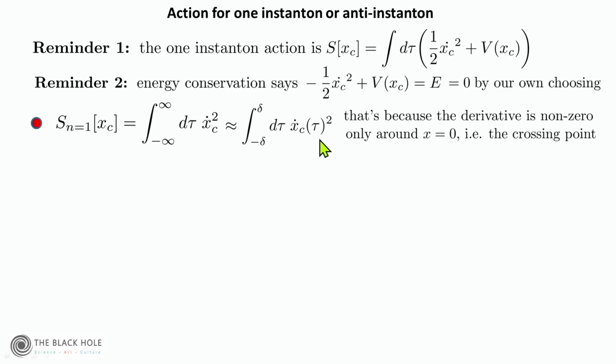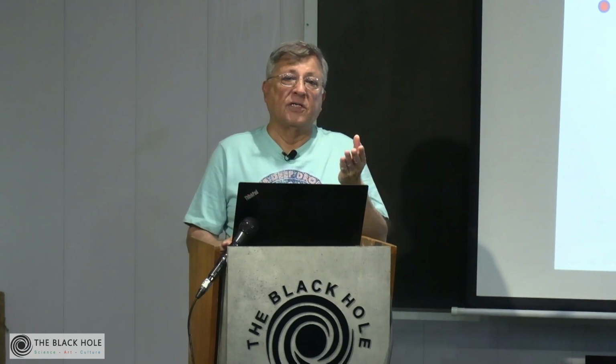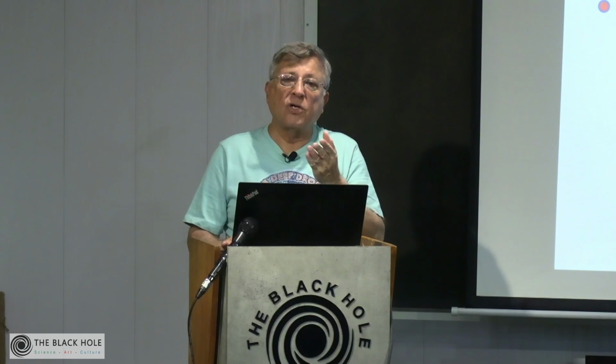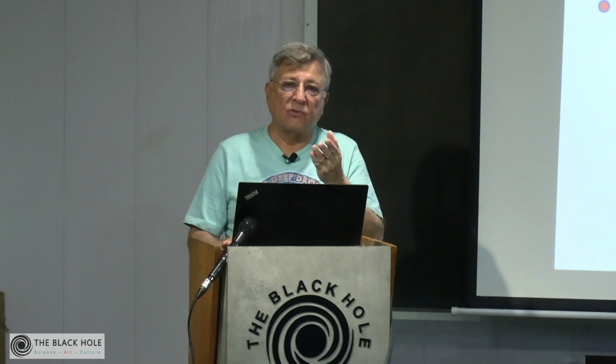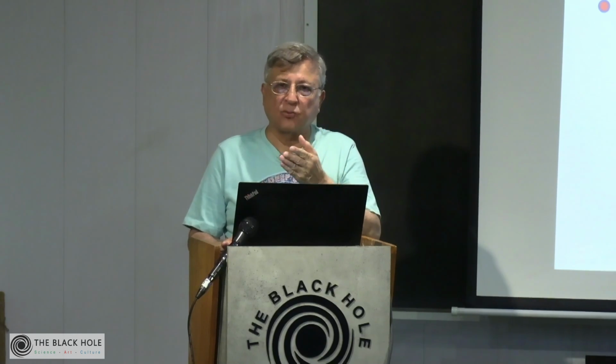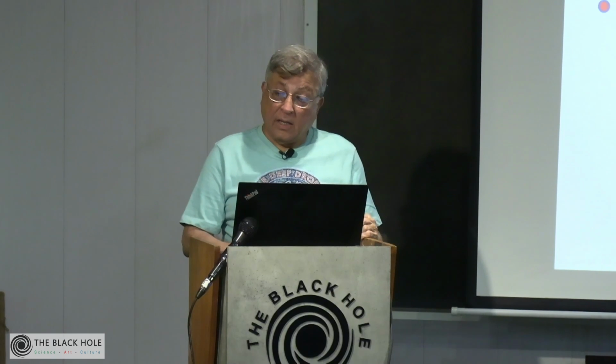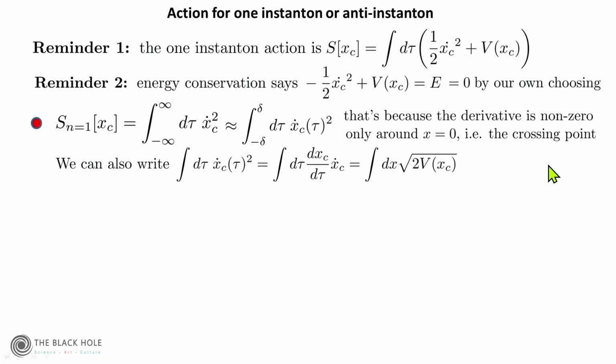If it is located at x equals 0, then the derivative is big around x equals 0. If it's located at x equals 1, then it's big around x equals 1, and so forth. And of course, we can immediately write this xc dot squared as this, which is this.